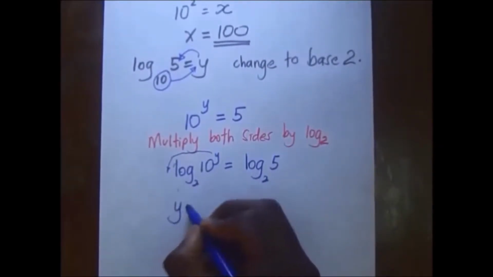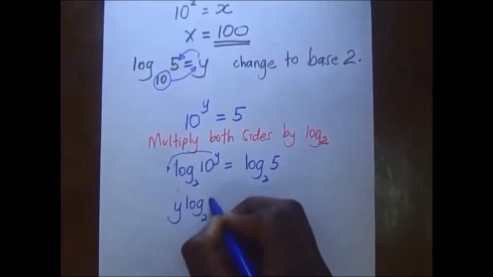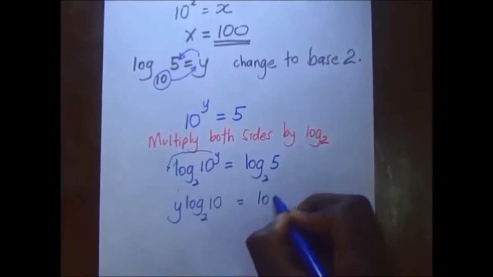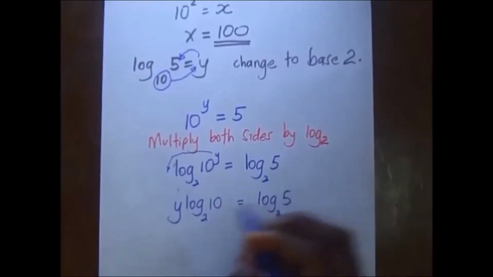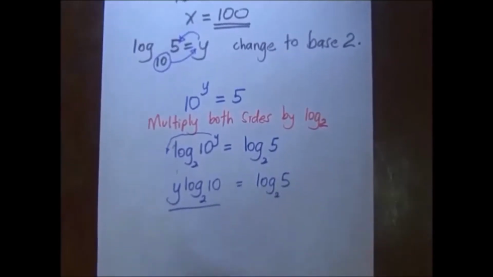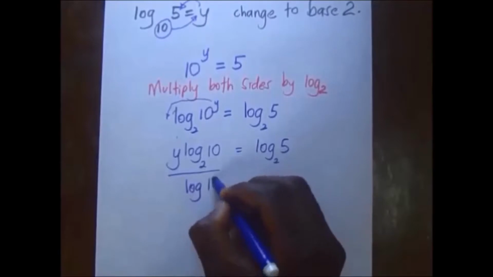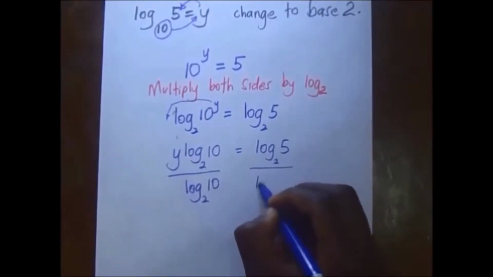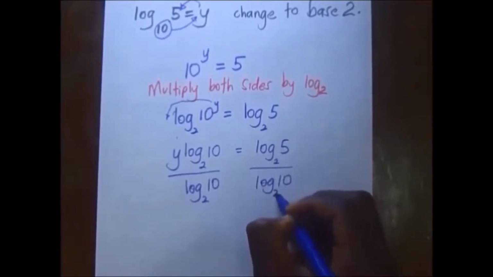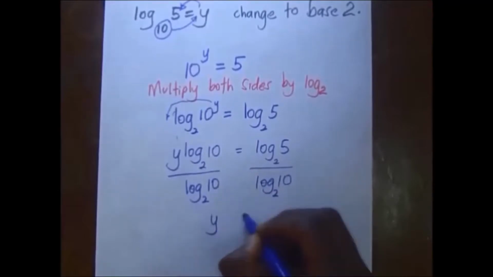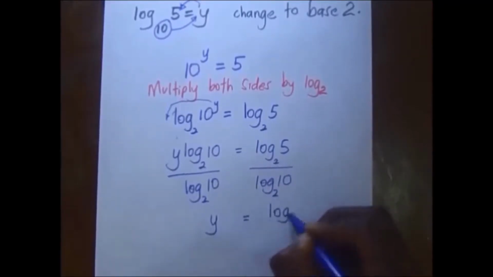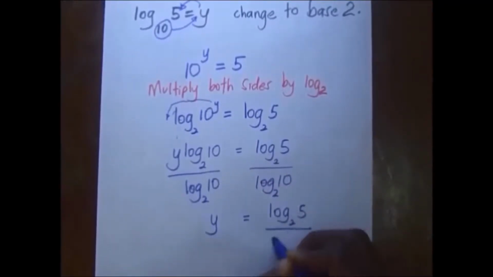This is the same as saying y log base 2 of 10 is going to give us log base 2 of 5. When we divide both sides by log base 2 of 10, we shall end up with y giving us log base 2 of 5 over log base 2 of 10.